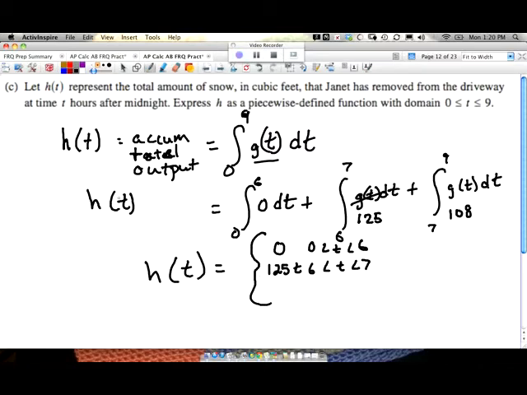And then 108, so that actually this was like h of 9, was equal to that. That's not really what we were looking for. Then the next one would be 108t from 7 less than t less than 9. There we go. That's it. That was way easy.